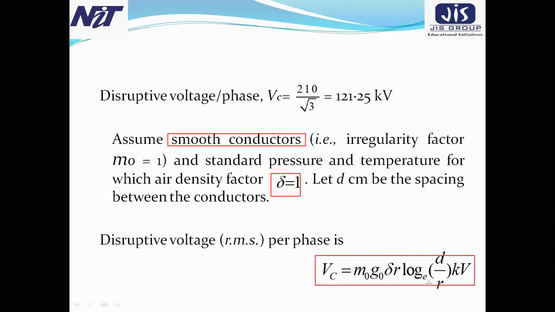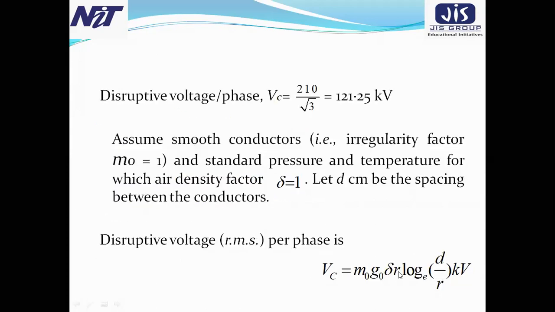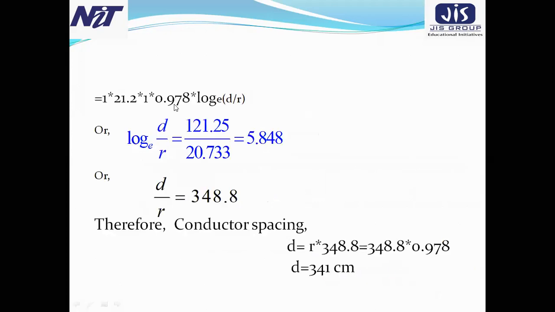And remember the equation, that is Vc equals M0 G0 delta R log d by R to the base e kilovolt. So putting all the values given in the problem or considering some values, we can solve this problem very easily. So here M0 is 1, G0 is 21.2, delta equals 1 we consider, then R is 0.978.